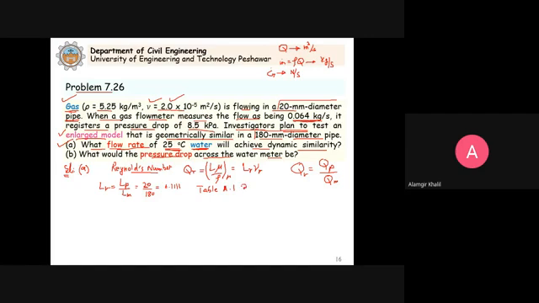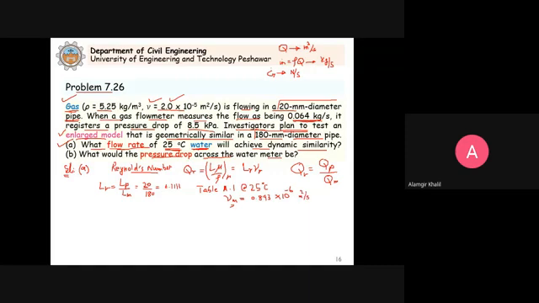So at 25 degrees C for water, the kinematic viscosity, because water is in the model, is 0.893 into 10 power minus 6 square meter per second.